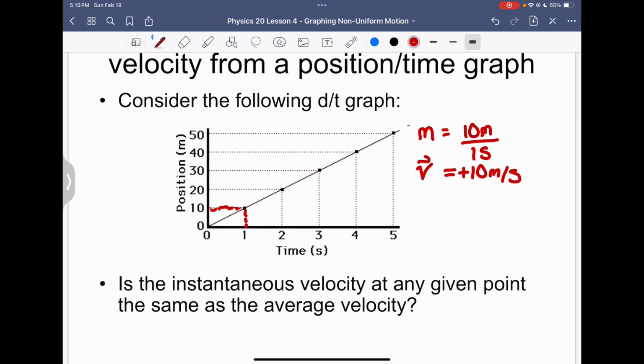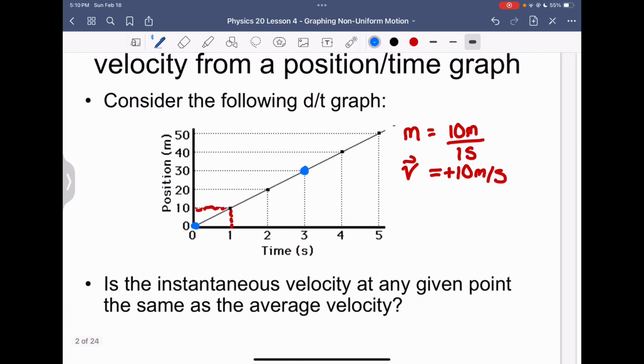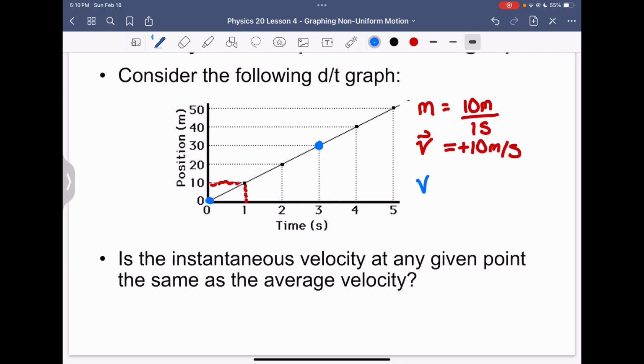And let's just algebraically show this very quickly. Suppose I took the 0, 0 point and maybe the 30 and the 3. Let's calculate the slope, or the velocity, of the line that connects here to here, thus being the average velocity. The second position has a y value of 30 meters minus 0 meters, which was the origin point, divided by 3 seconds, which was the value of time at the second point, minus 0 seconds.